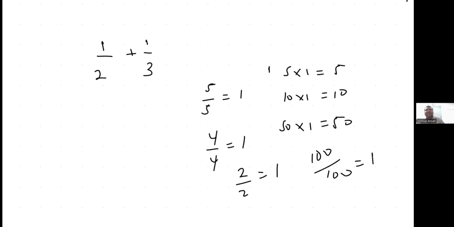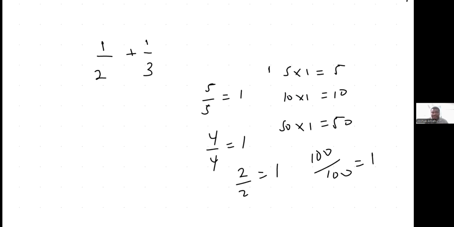I think I mentioned equivalent fractions. Not sure if it was you, but I think I mentioned equivalent fractions.